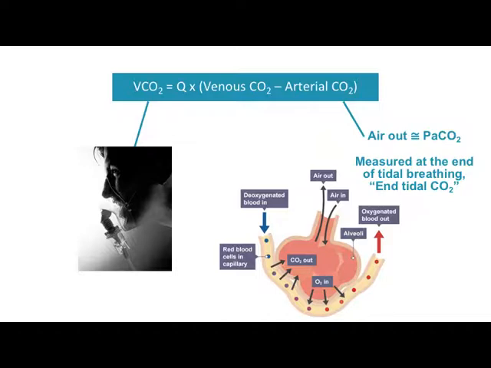And we'll talk a bit more about the mechanics as we go through the calculations. But if we have full equilibration, air in the alveoli should mimic air in the arterial circulation. If we can measure that air, we should be able to estimate arterial CO2. Pretty straightforward.